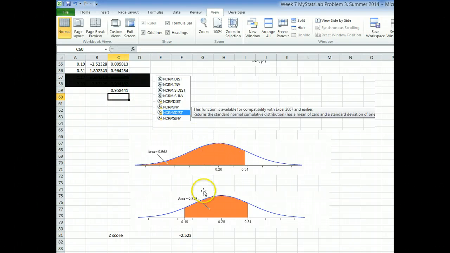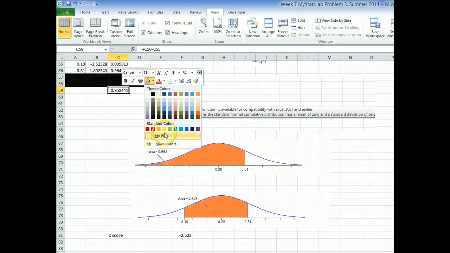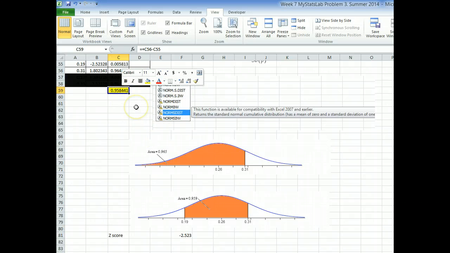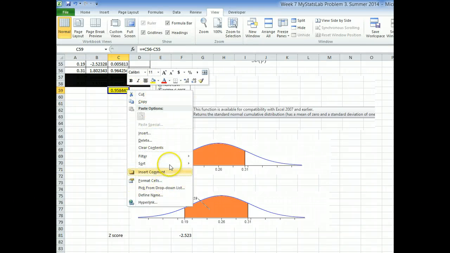So effectively what I'm doing is subtracting this area in white here from the overall area, and then what I will be left with is this area right here, which is going to be the probability that is between 0.19 and 0.31, and that's your answer right there. And again, we can go ahead and reduce this to the number of decimal places that we are being asked for, and I think we're being asked for 3.